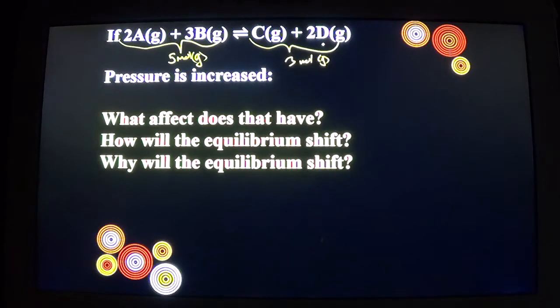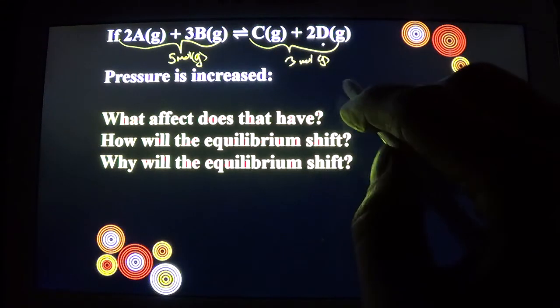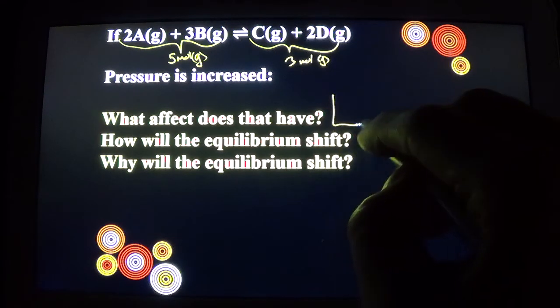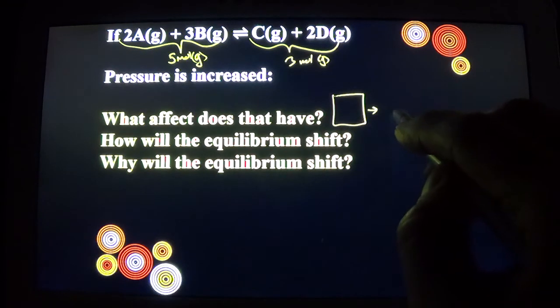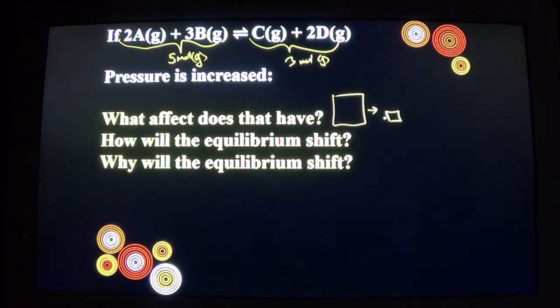All right. Pressure is increased. If we increase pressure, what effect does this have? Increasing pressure is like taking the container and making it smaller. Okay, that's not what we're doing, but that is what it's like doing. So increasing the pressure, how will the equilibrium shift?